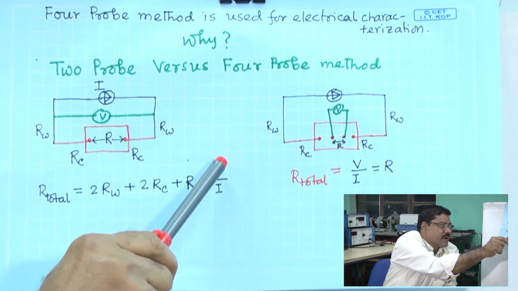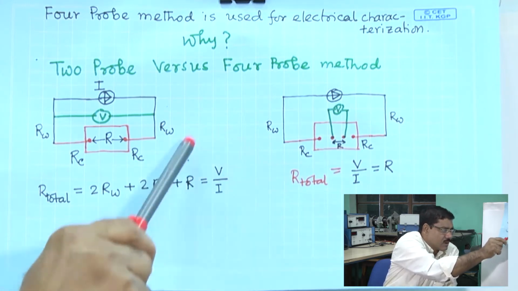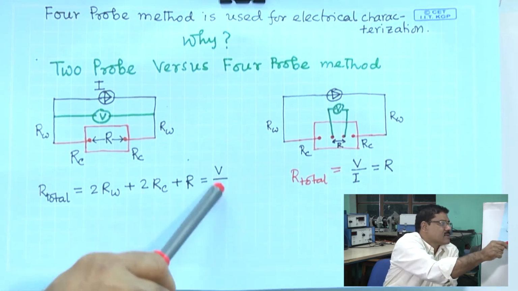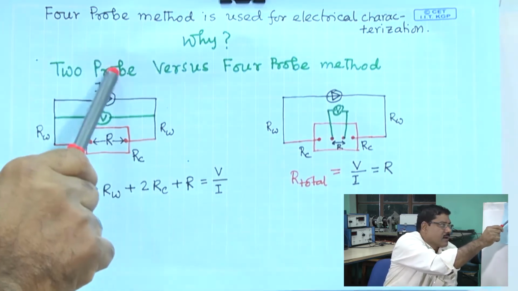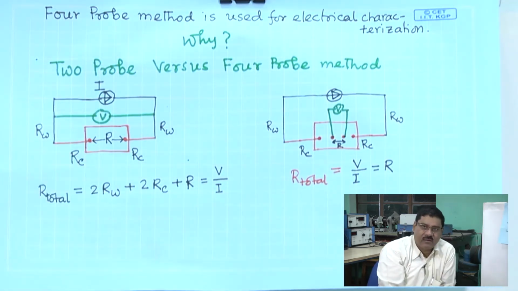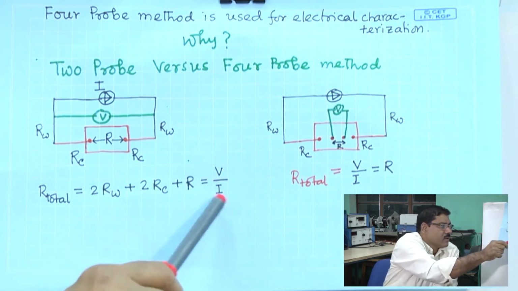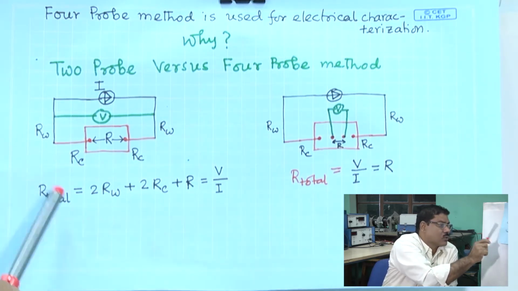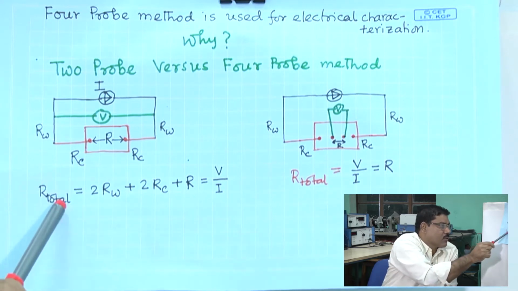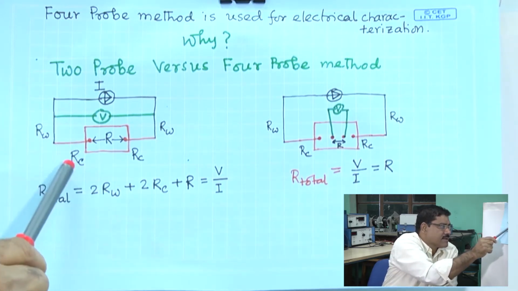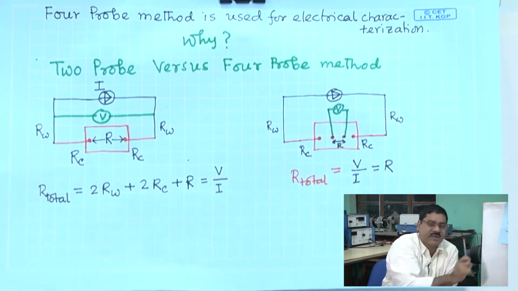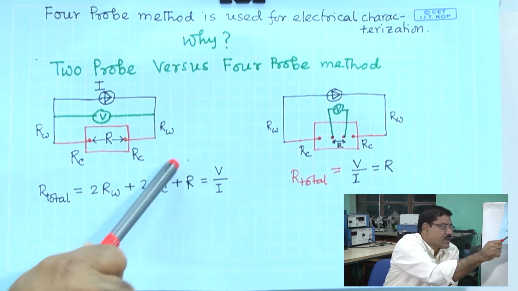We divide the voltmeter reading V by the current reading I from the constant current source. V by I is resistance, and that resistance is basically R total. In R total, there is the contact resistance as well as the wire resistance, both present along with the sample resistance.